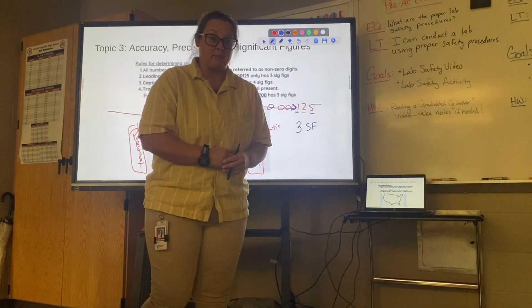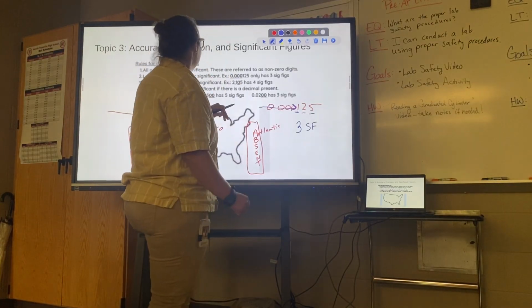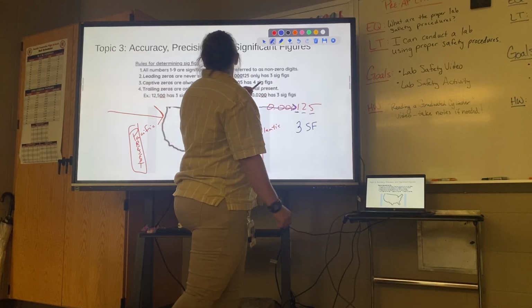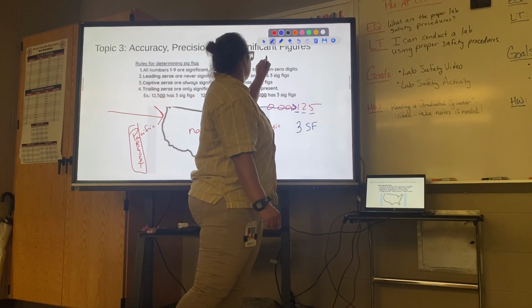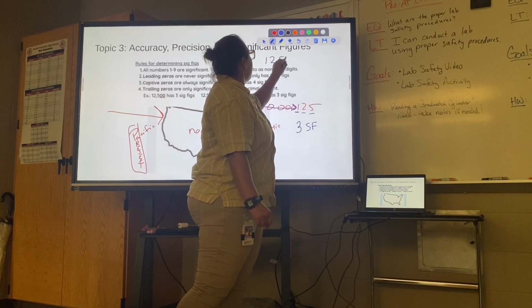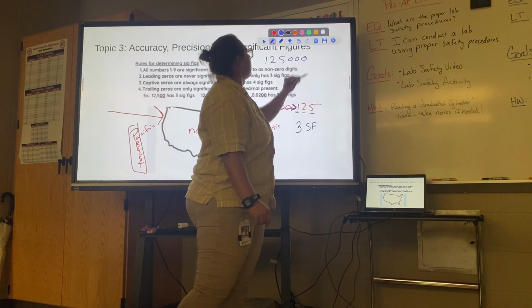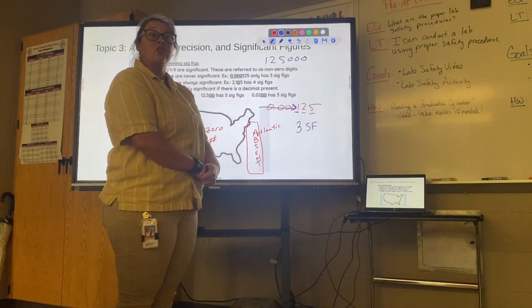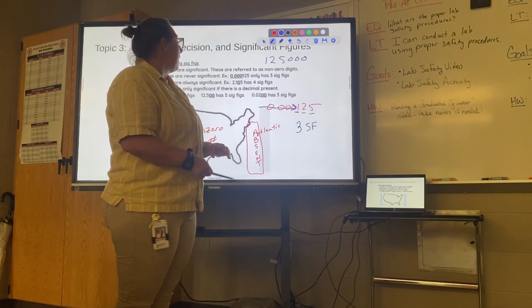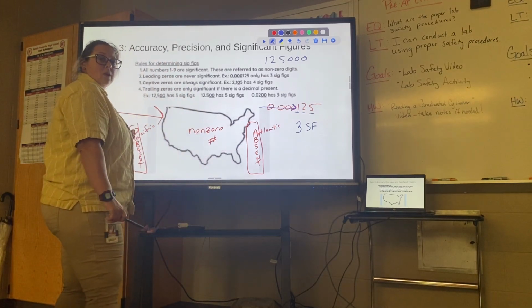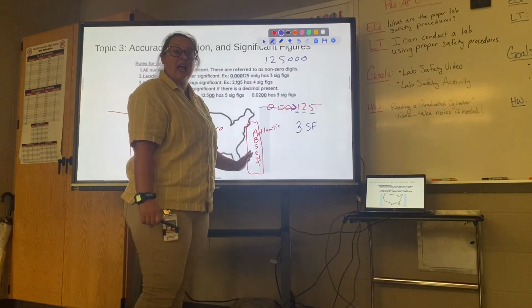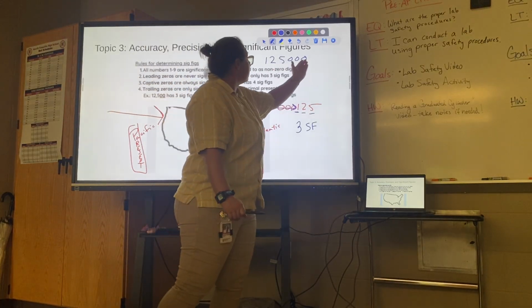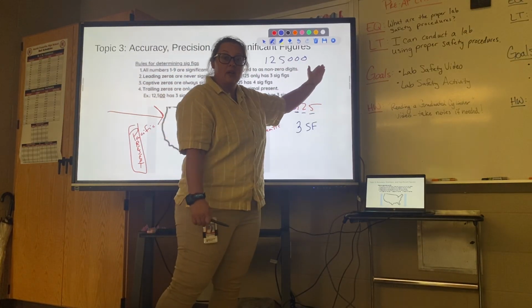Let's do another example. Let's say we have the number 125000. First, I evaluate: do I have a decimal present or a decimal absent? I do not see a decimal anywhere here.